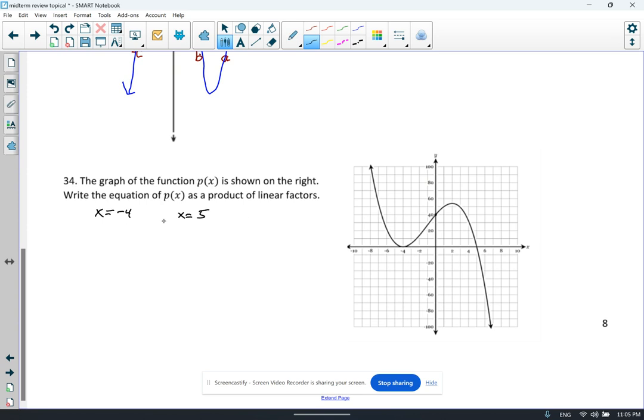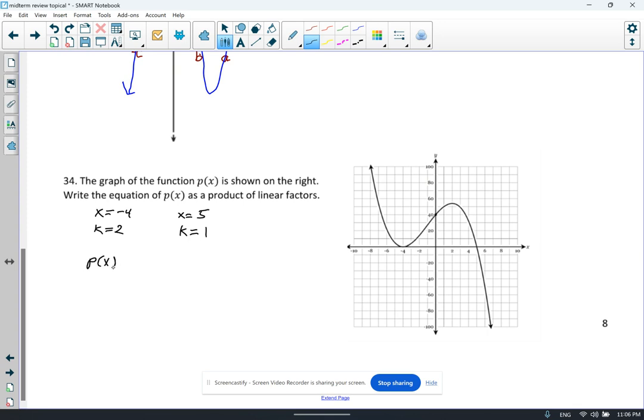But actually, the root at -4 is tangent to the x-axis, so that means it has a multiplicity of 2, whereas the root at 5 cuts right through, so that means it has a multiplicity of 1.